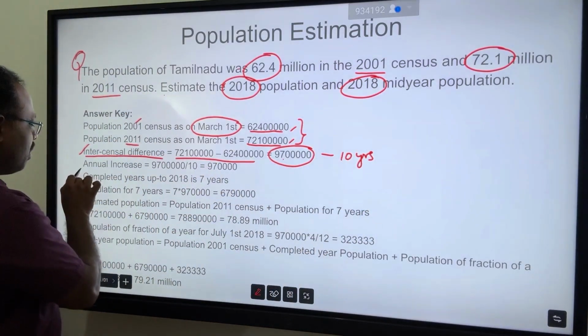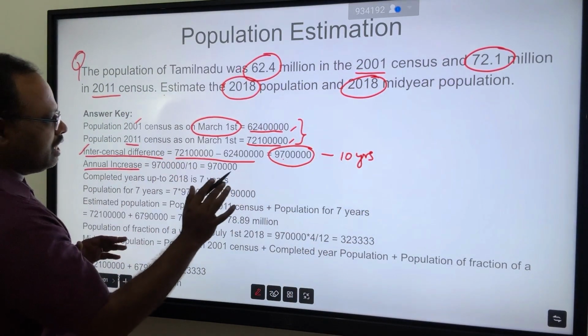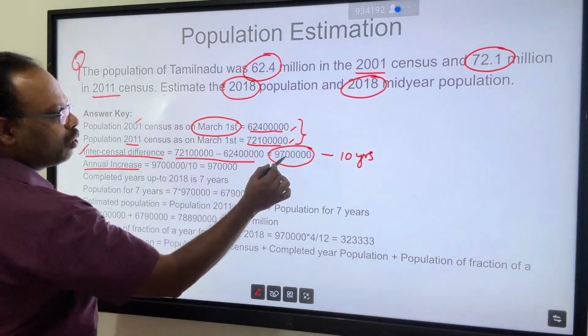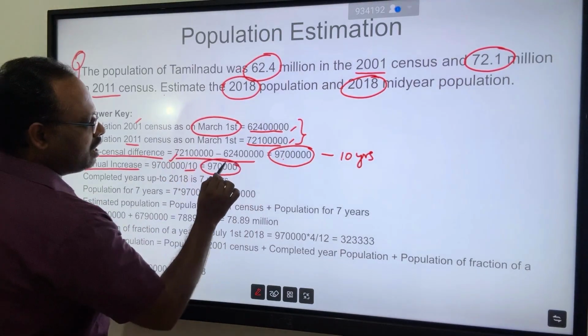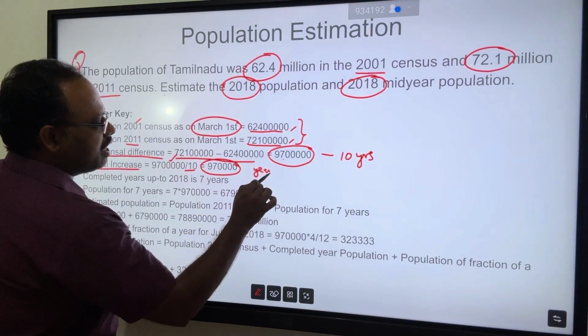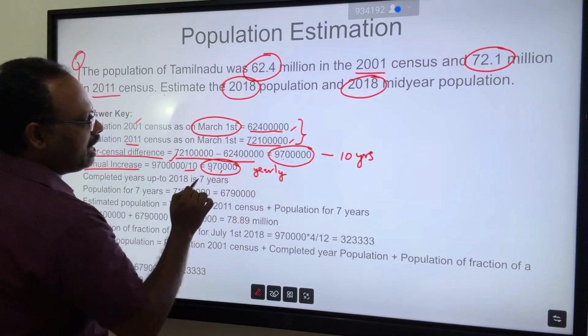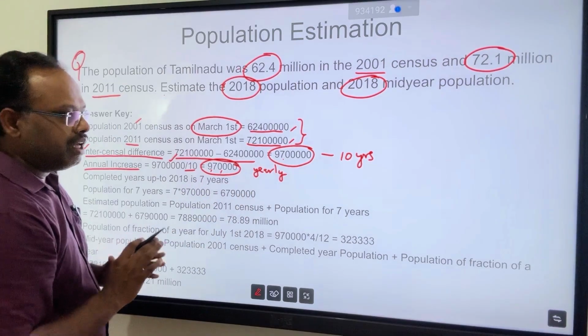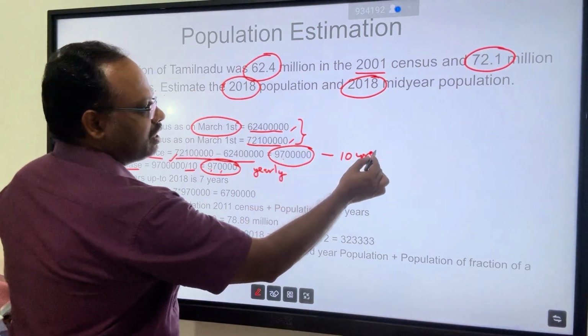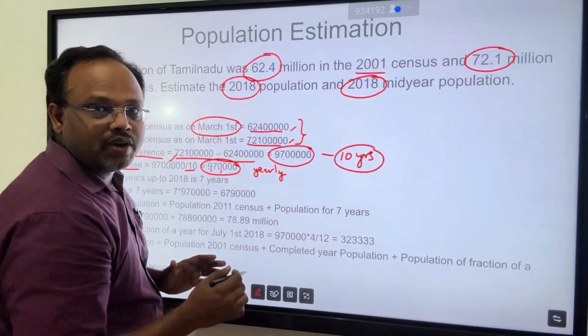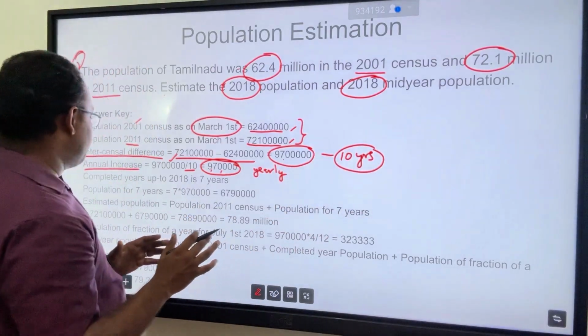We need to calculate from that the annual increase, that is the yearly increase. So we divide the total increase by 10. So the yearly increase is 9,70,000 per year, which has contributed to 97 lakhs in the past 10 years. So we have calculated the yearly increase of population.